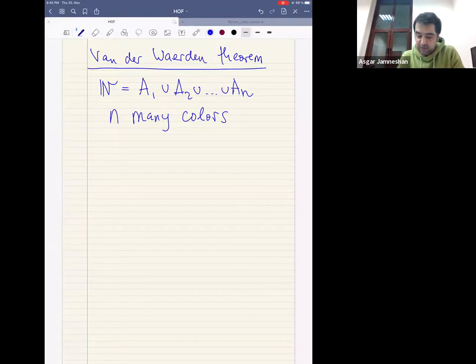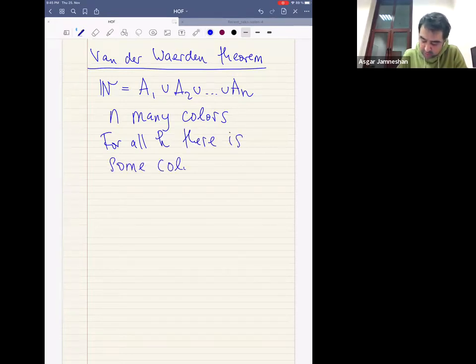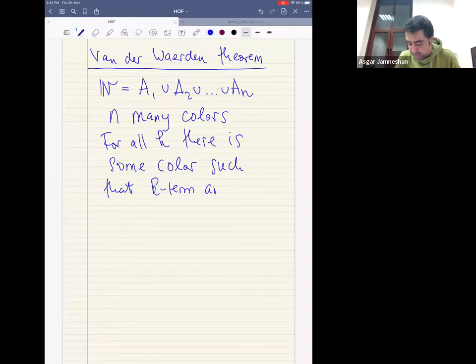And now the Van der Waerden theorem will tell you that for every k, there is some color such that you will find a k-term arithmetic progression in this color.